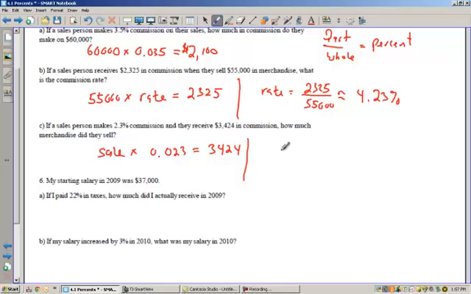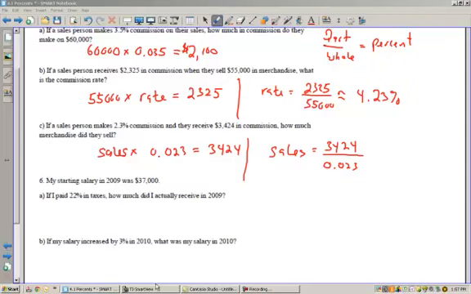All right, so for the sales stuff, let's make it sales. Sales equals 3,424, all divided by, so I'm multiplying, so to move it over I divide by the 0.023.